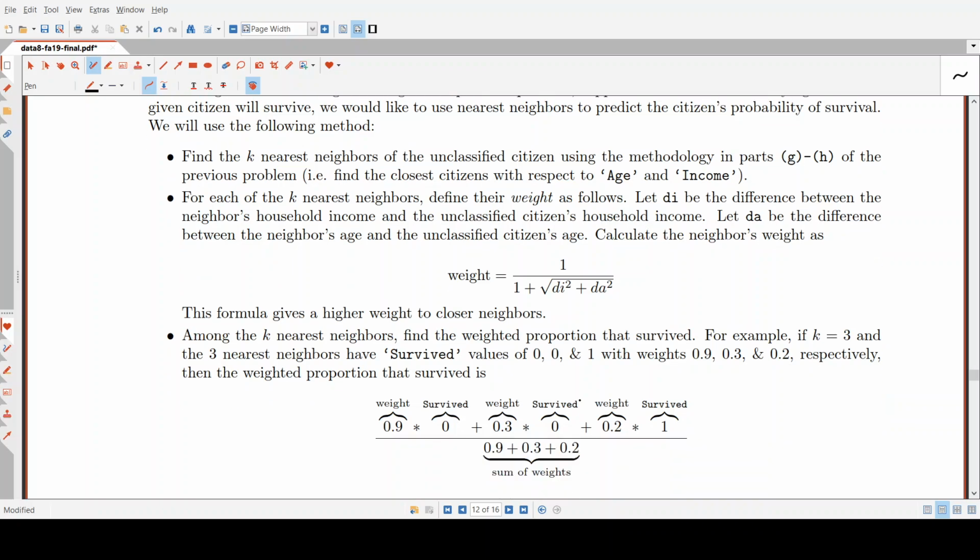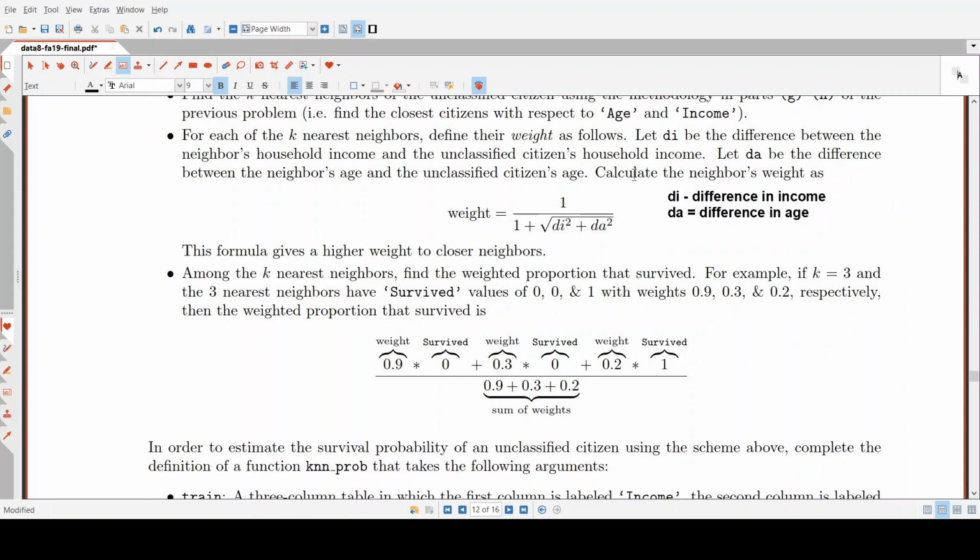Let dA be the difference between the neighbor's age and the unclassified citizen's age. So calculate the neighbor's weight as 1 over 1 plus the square root of dI squared plus dA squared. This formula gives a higher weight to closer neighbors.